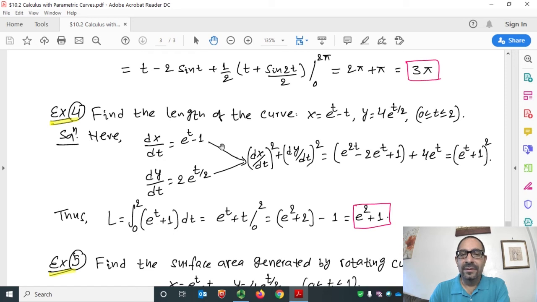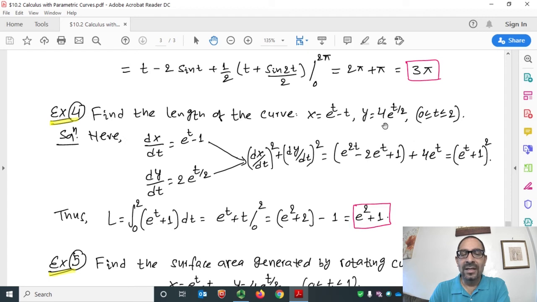So here, let's find the derivative. dx over dt turns out to be, the derivative of e^t is e^t, minus the derivative of t, which is 1. Similarly, the derivative of y turns out to be 2 times e to the power t over 2. Here we use the chain rule: 4 as it is, the derivative of e to the power t over 2 becomes e to the power t over 2 times 1/2.